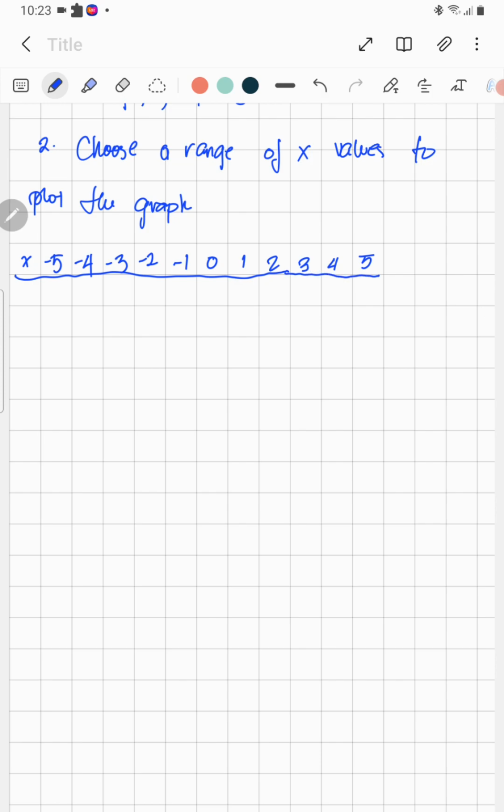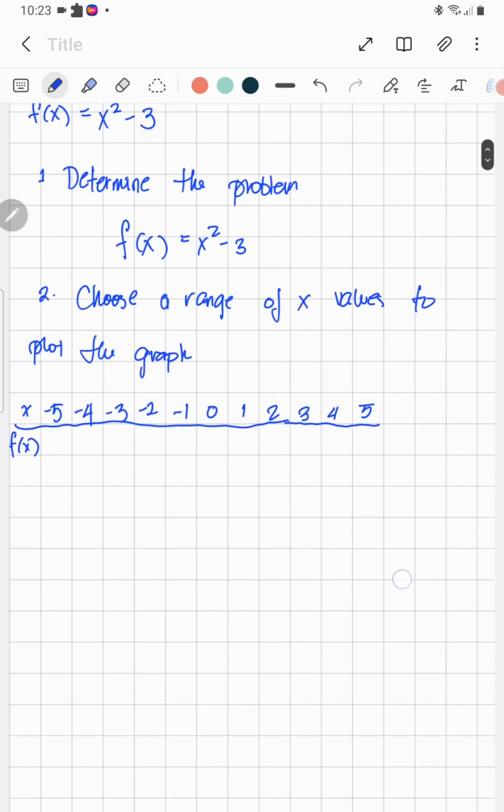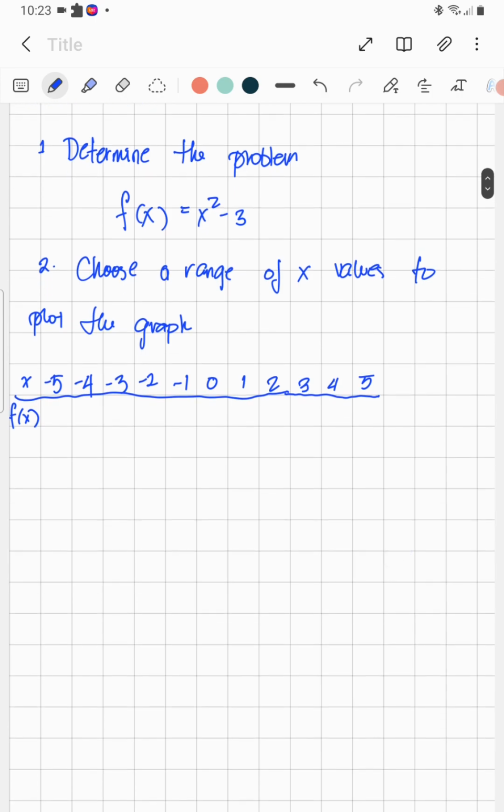And then, step 3 is to plug each x value into the equation to find the corresponding y value. So, ipla-plug na natin siya, kasi wala pa tayong value ng f of x or our y. Okay, so, since our equation is f of x is equal to x squared minus 3, ipa-plug natin muna yung negative 5.